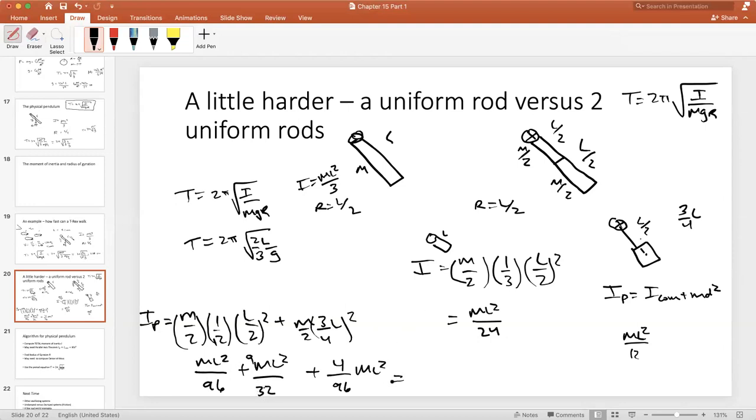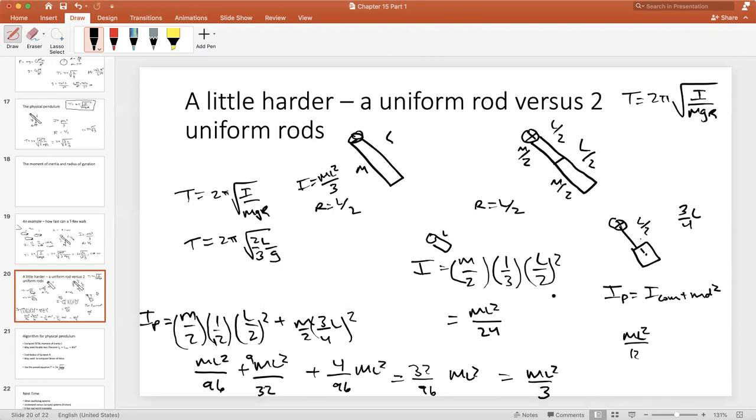Okay, so this right here is the moment of inertia of the first rod. This is the moment of inertia of the second rod. If I multiply this by 3 on top and bottom, I get 1 plus 27, which is 28, 32 over 96. 32/96 ml squared, which is ml squared over 3.